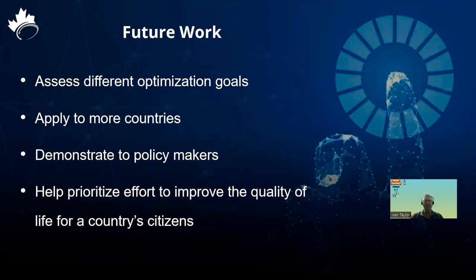We want to apply this to many more countries, and hopefully we'll be applying it to Zimbabwe and to some Latin American countries in the near future. And then we want to demonstrate the model to policymakers, and we hope that our paper in the journal Sustainability will be widely read. And we believe that this model and this approach can help prioritize effort to improve the quality of life for a country's citizens.